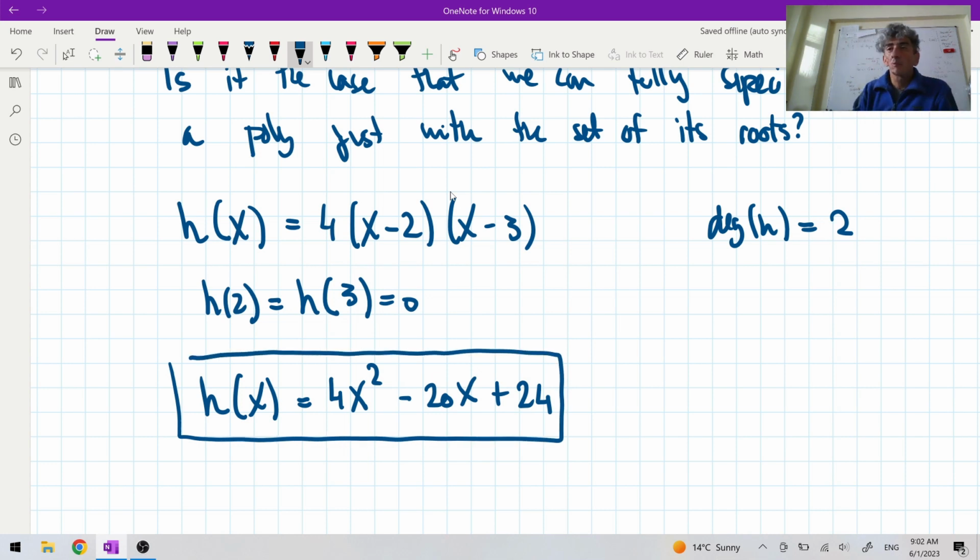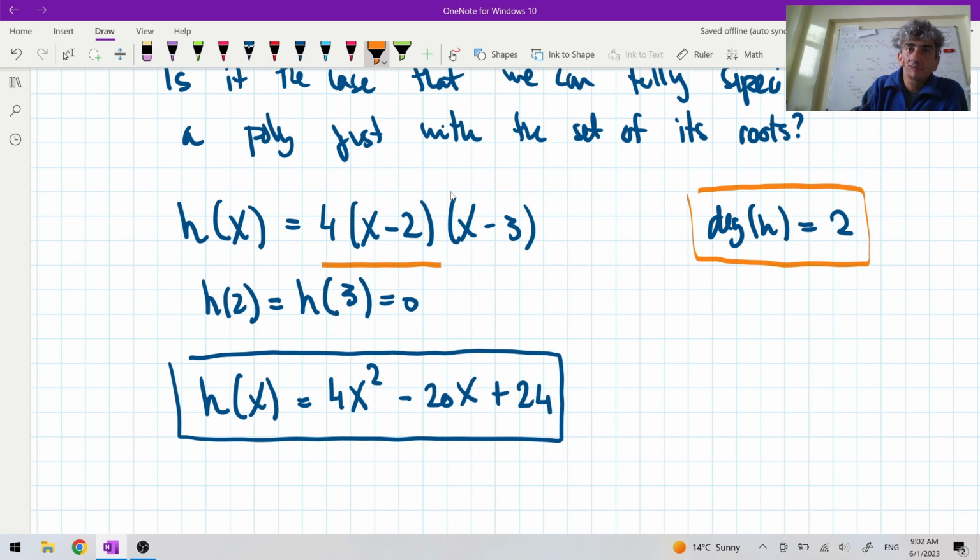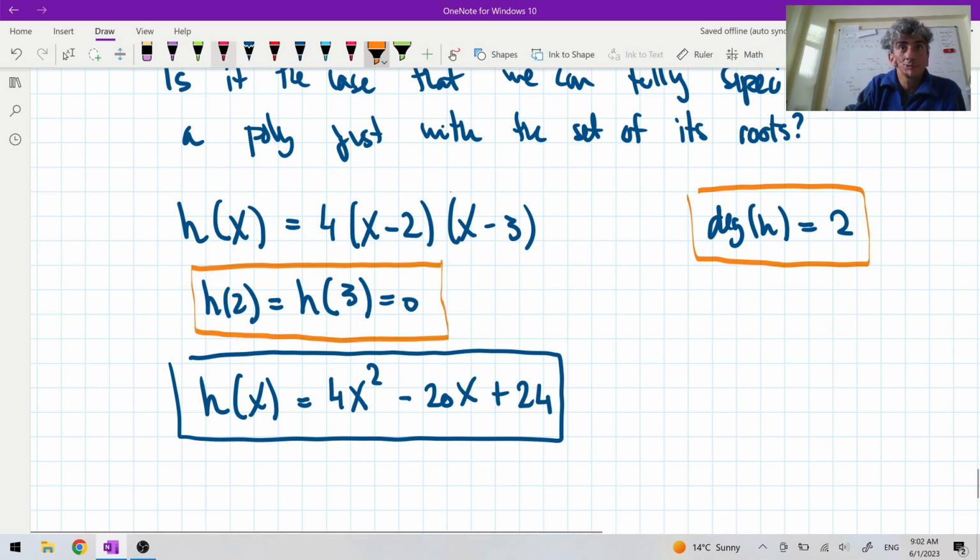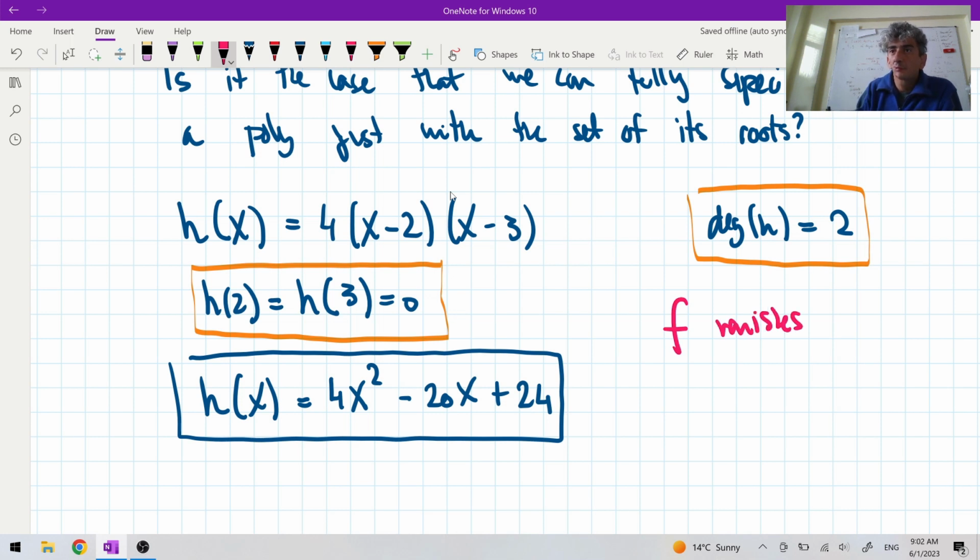So we have a degree 2 polynomial which vanishes exactly at the roots of f, but they're different. f vanishes exactly when h does. So they share the exact same set of roots, but they're different.